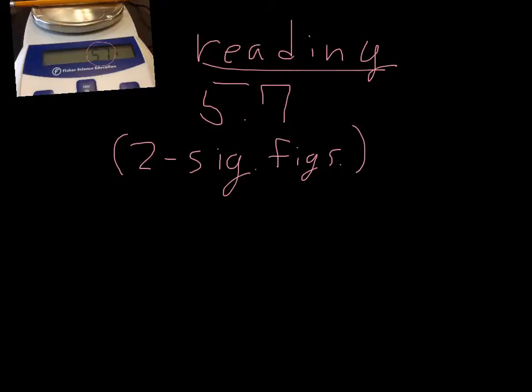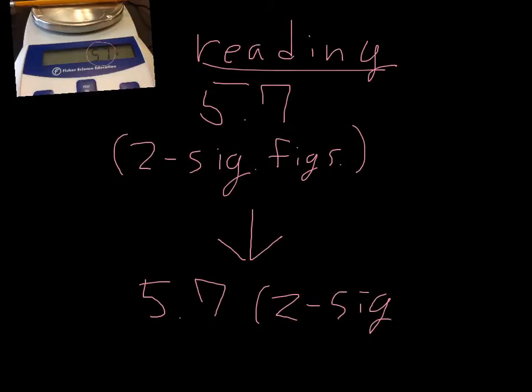Now, since this was a digital reading, that means that the actual value that I'm going to record for my data, my actual measurement, is going to be 5.7 because I'm retaining the number of significant figures I had for my reading.